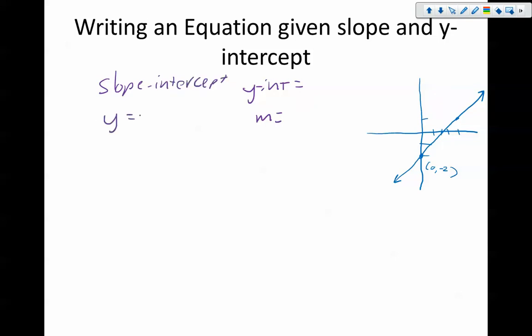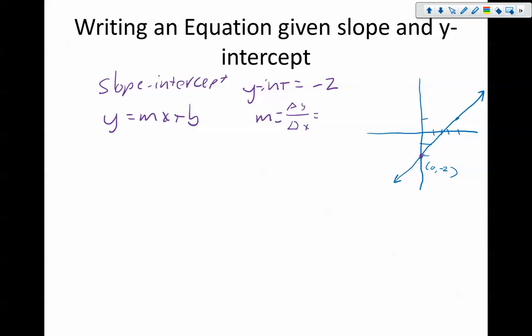And that's y equals mx plus b. So if we can identify these two things, we can simply plug in for those parameters, and we have our equation. So where's my y-intercept? I'm looking on my y-axis, and it crosses right here. And the y value is -2. So the y-intercept is -2. What's my slope? Well, I can see it from here. Remember, slope is the change in y over the change in x.